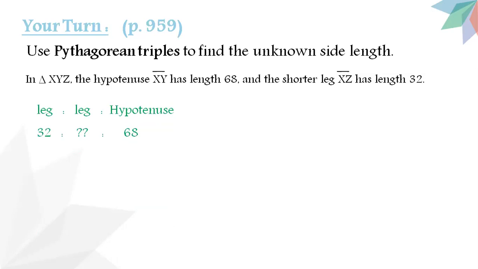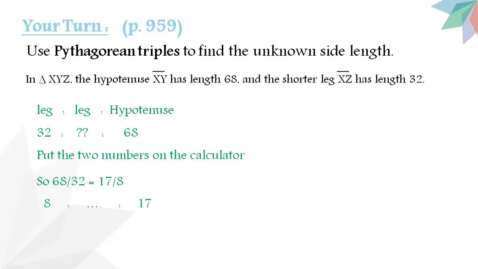So 32 to a question mark, since I don't have the second leg, to 68. I'm going to follow the same rule and put them on the calculator. So it will be 68 over 32, or you can use 32 over 68, whatever. It gives me 17 over 8. So this can be written as 8 to what to 17?